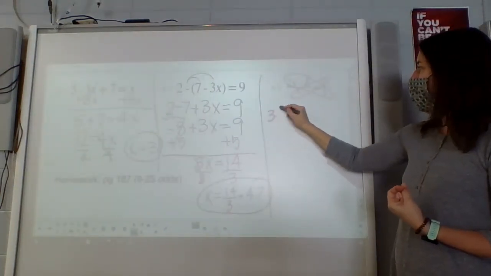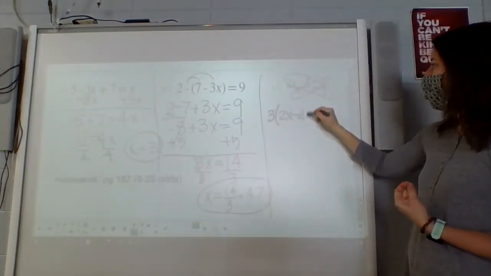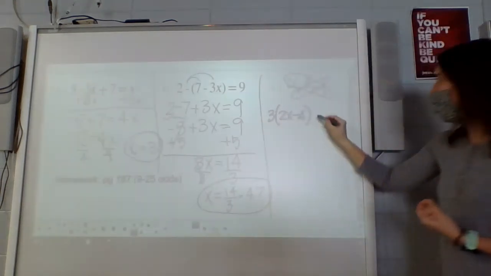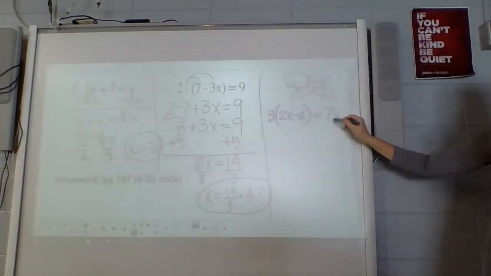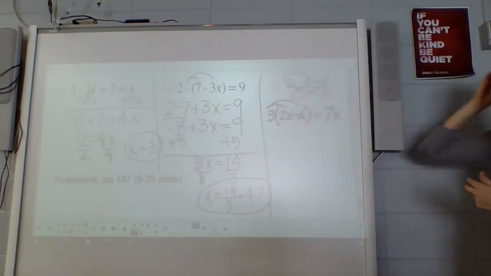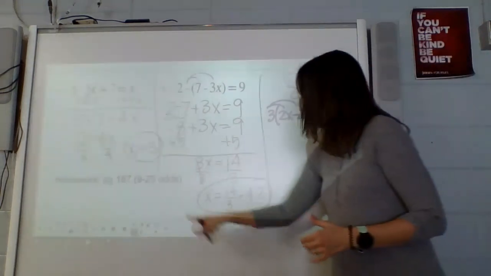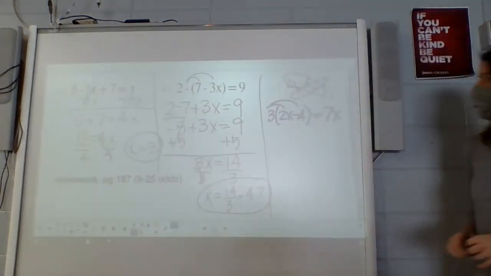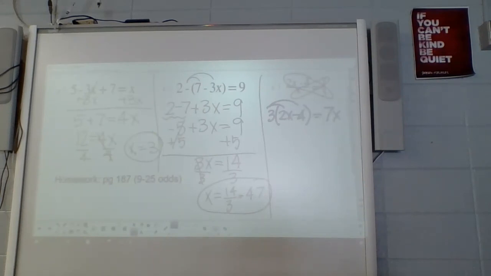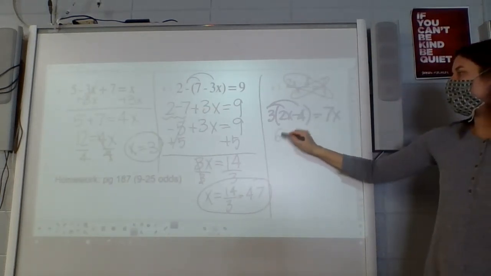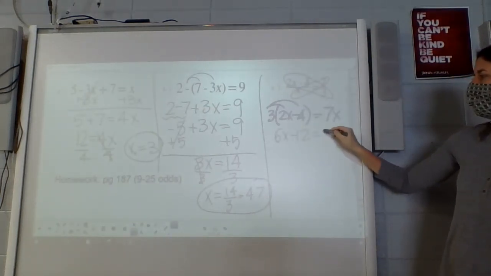So we have 3 times 2x minus 4 equals 7 times x. So don't forget about proportions, kind of a quick review of that. So we get 6x minus 12 equals 7x.